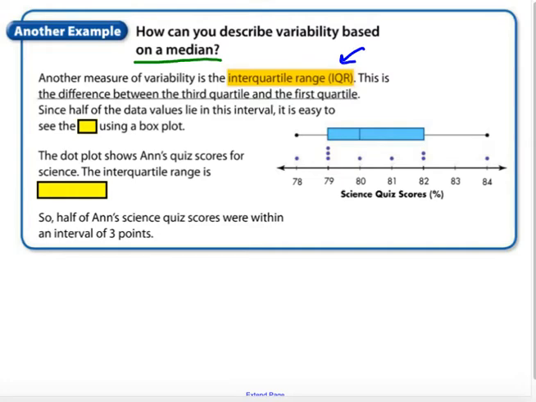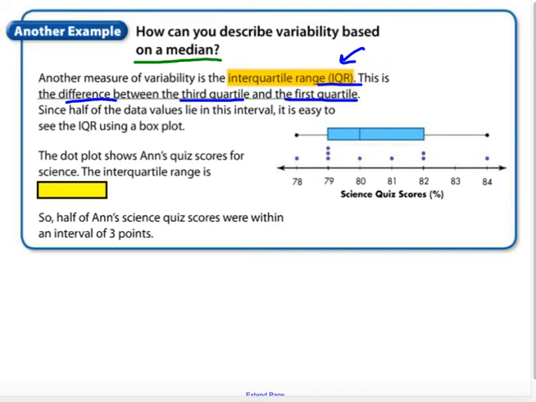This is the difference between the third quartile and the first quartile. Difference meaning subtraction. Since half of the data values lie in this interval, it is easy to see the IQR using a box plot. The dot plot shows Anne's quiz scores for science.